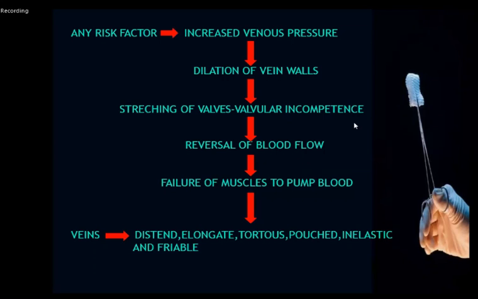This valvular incompetency will lead to reversal of blood flow, and also when there is failure of muscles that are pumping the blood, it will further distend the veins, that will result in elongation, tortuosity, and they will be pouched out. These veins will be inelastic and friable.